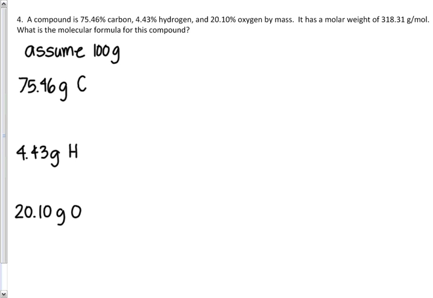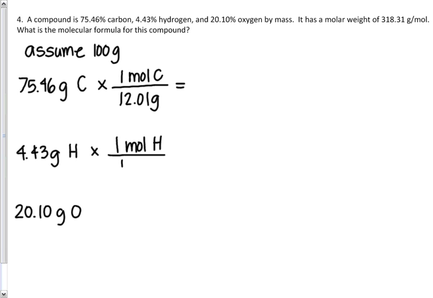And if you look at step 1 for the empirical formula, you have to convert these to moles. To convert something to moles, you use the molar weight on the periodic table. For carbon, it's 12.01. For hydrogen, it's 1.01 grams. And for oxygen, it is 16 grams.